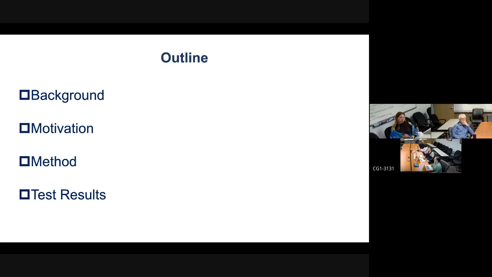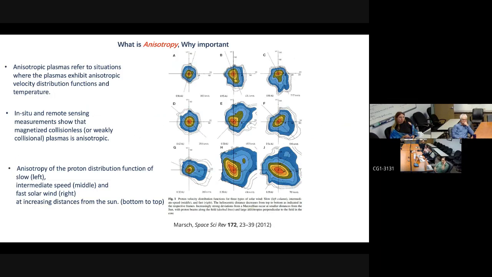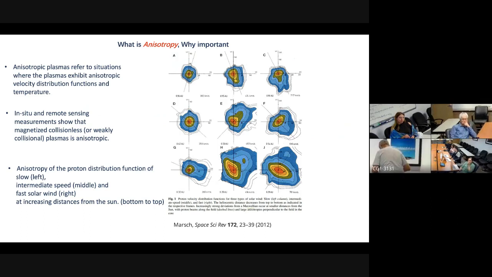First, I will be talking about anisotropic plasma and also some of its applications. And then I will be talking about why we started this research and the method. And then I will show some test results.